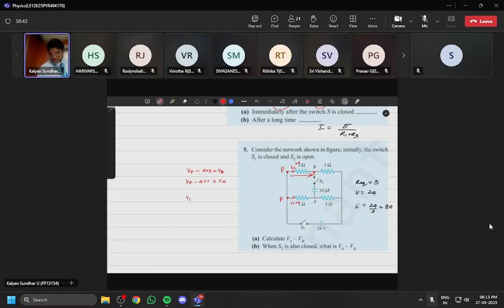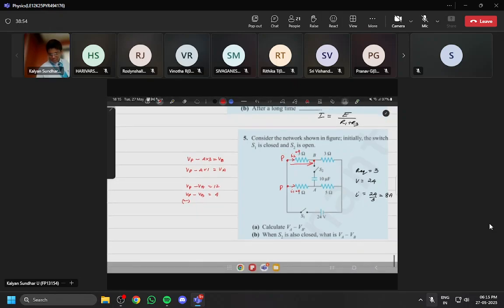Right? Now what is this? VP minus VA will be equal to 12. VP minus VB is equal to 4. நமக்கு தேவை VA minus VB. VA is 4.